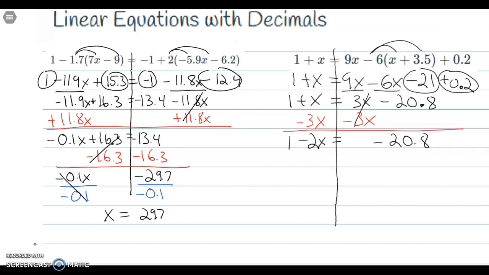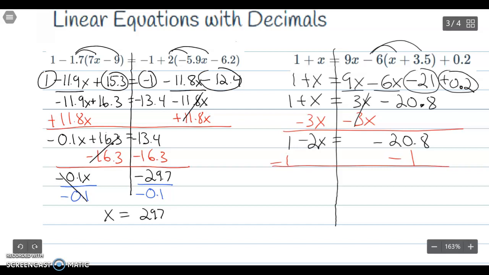All right, now I'm going to isolate the variable by subtracting 1 on both sides. Okay, and that's going to leave me with a negative 2x is equal to, same sign, find the sum. You add these together, you get negative 21.8.